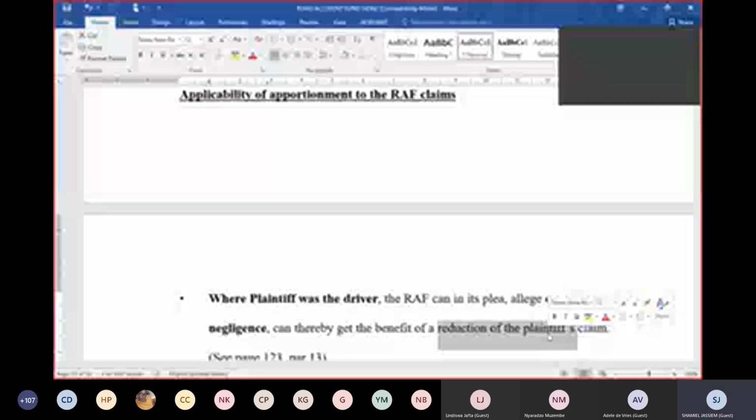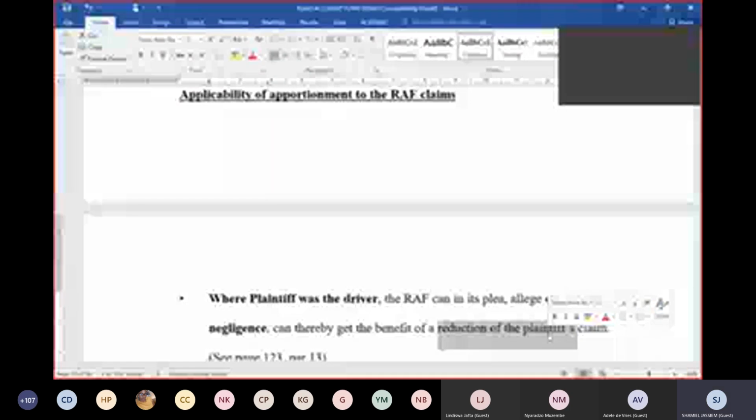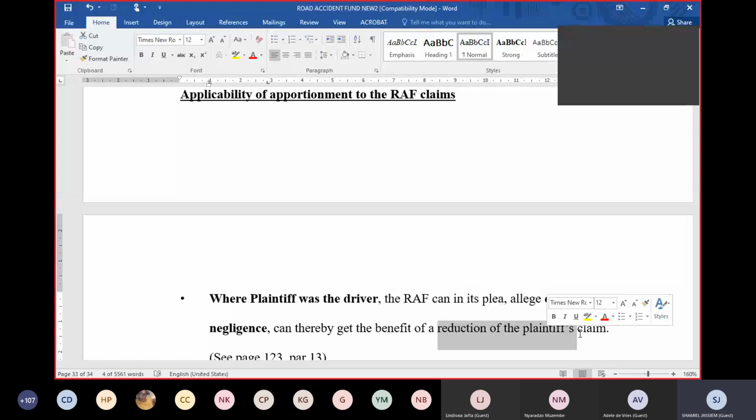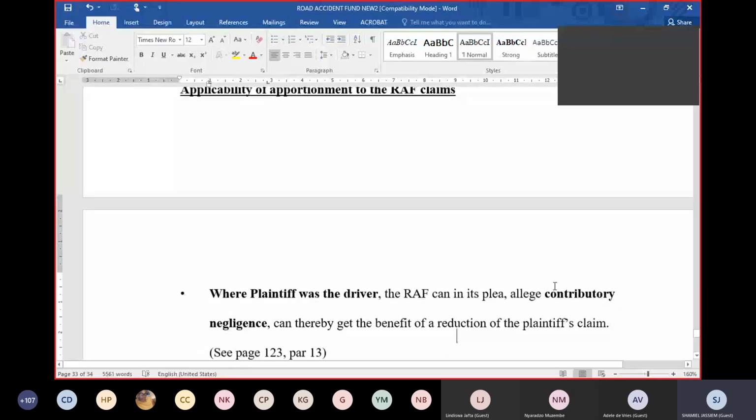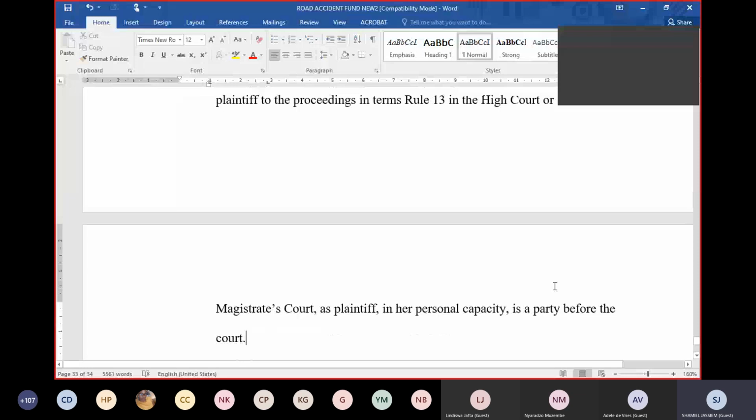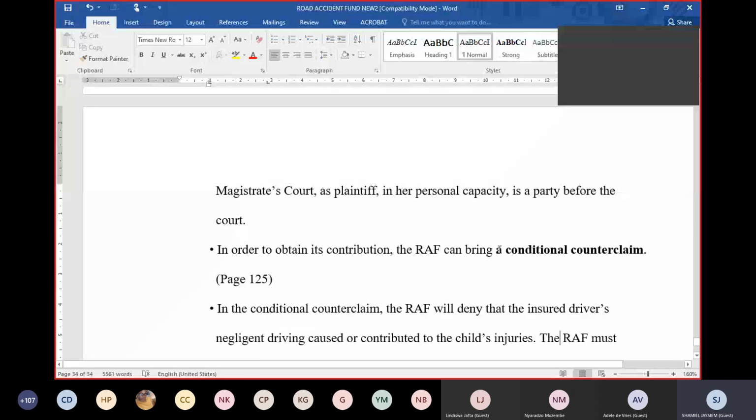The only option available to the RAF is to file a conditional counterclaim.